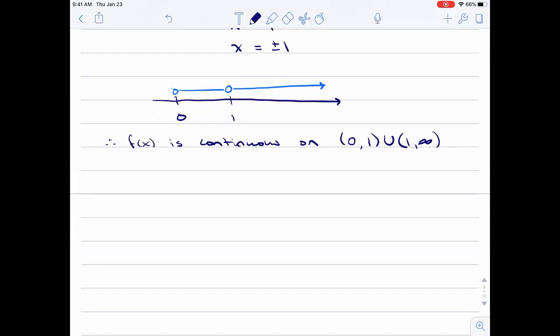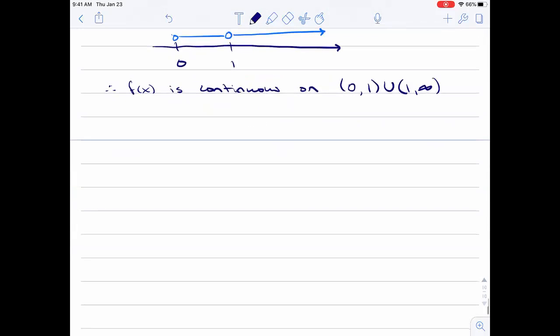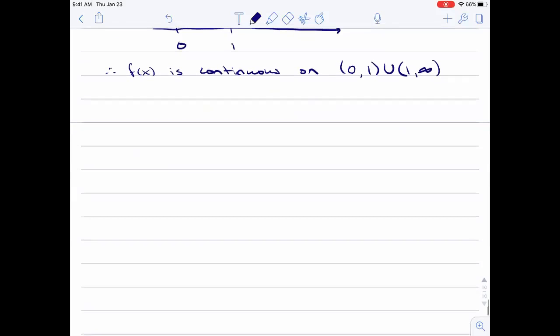Yeah, let's do a last example, and then we'll be all set for continuity here. It's kind of a reverse engineering project for this example.